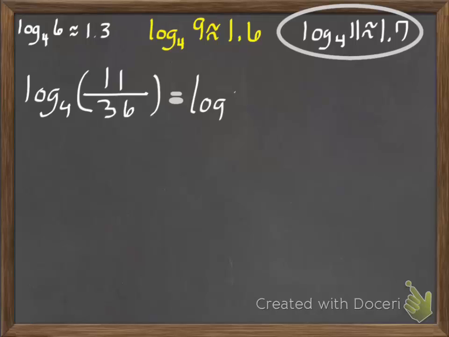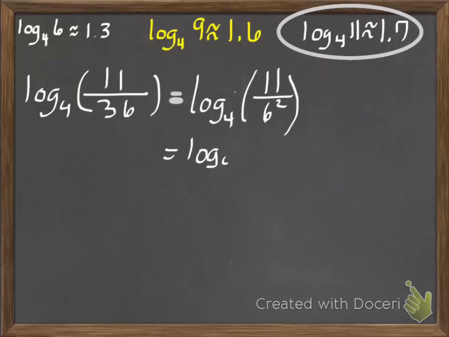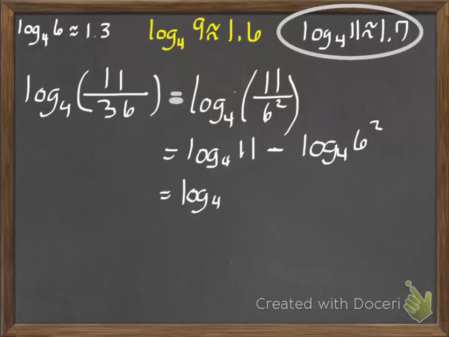So, log base 4 of 11 divided by 6 squared. I always write it out to what I'm thinking first. That way I know when I'm splitting everything apart. So let's split it apart. The division will split apart with what operation? How can I move the squared? Gotta move it to the front, don't you?